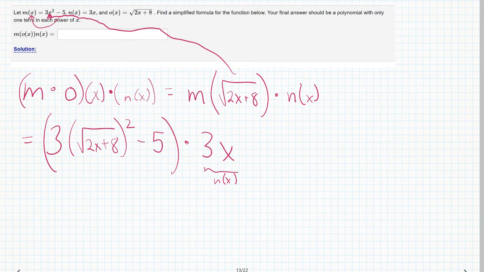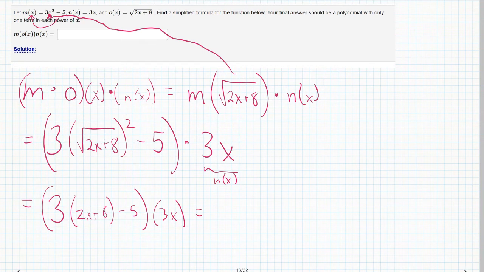Okay, so this means we get 3 times, well, the square root of 2x plus 8 squared is just 2x plus 8 minus 5, and then all that's going to be times 3x. Distribute the 3 to both parts, so we get 6x plus 24 minus 5 times 3x.